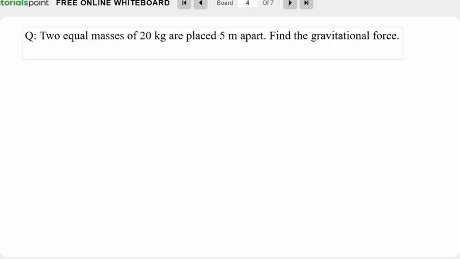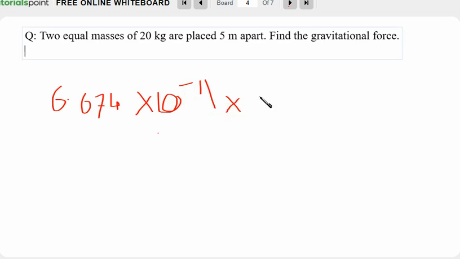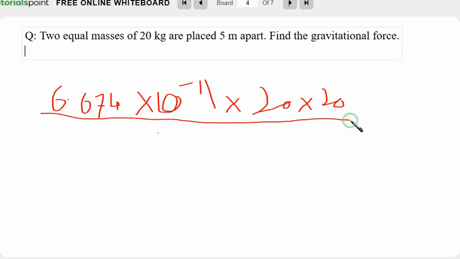Moving on, it is given that two equal masses of 20 kg are placed 5 meters apart. So if we take 20 kg equal masses, the gravitational force will be 6.674 into 10 to the power minus 11, which is the universal gravitation constant, into the mass of the first object, 20, and the mass of the second object, 20, which is 20 square, 400.